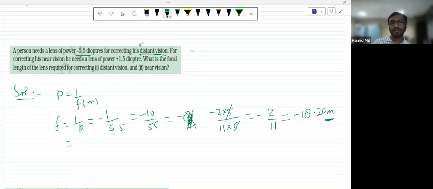Distance means that only. What is distance vision? And what will be the power of the lens for near vision?